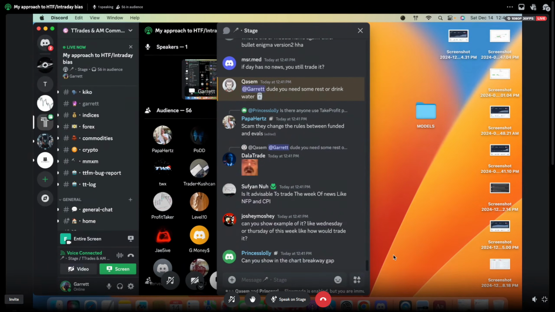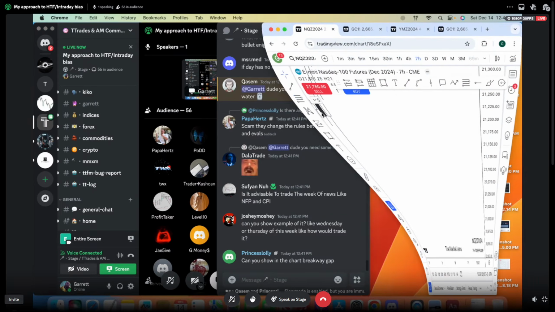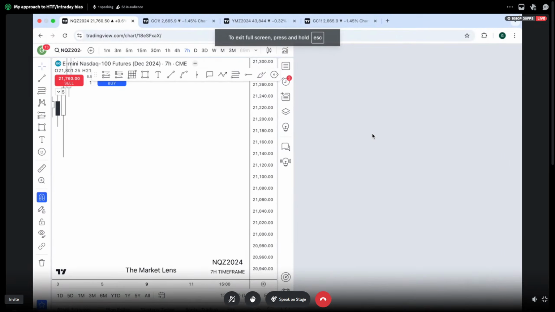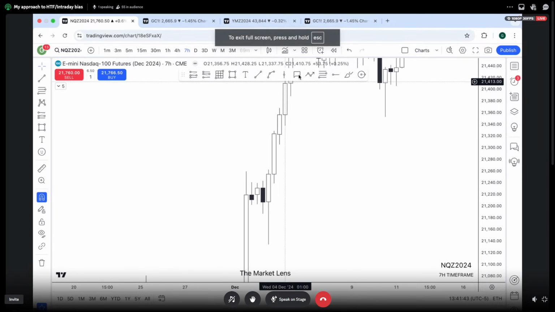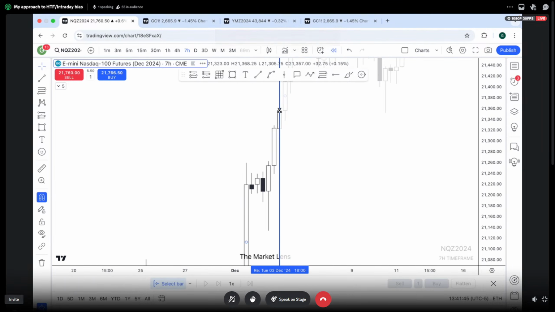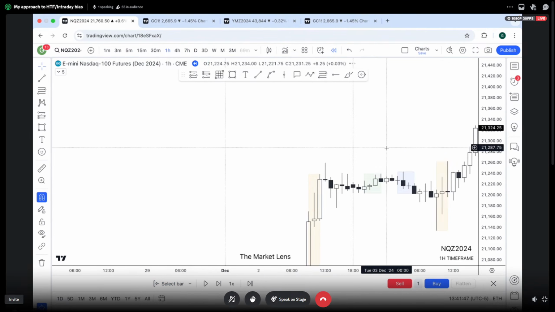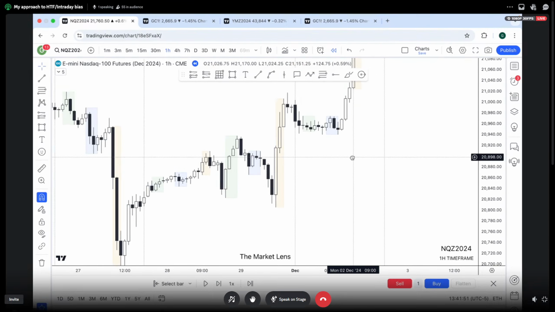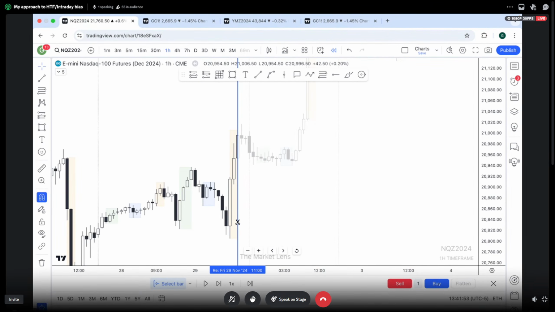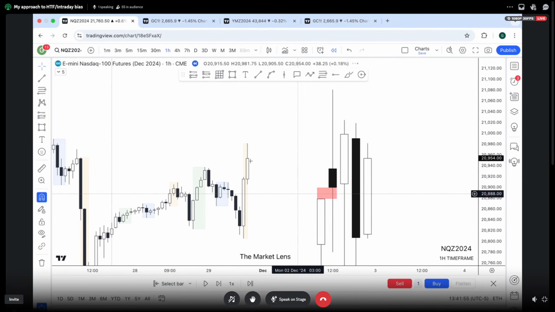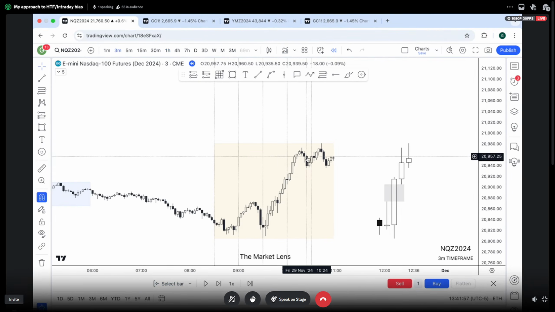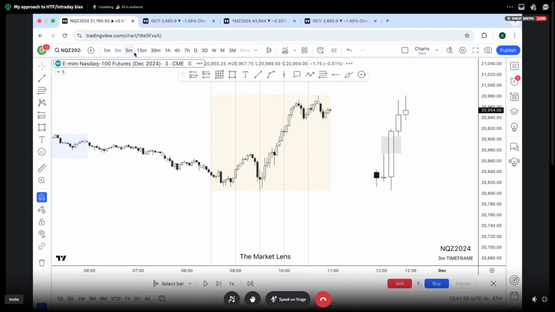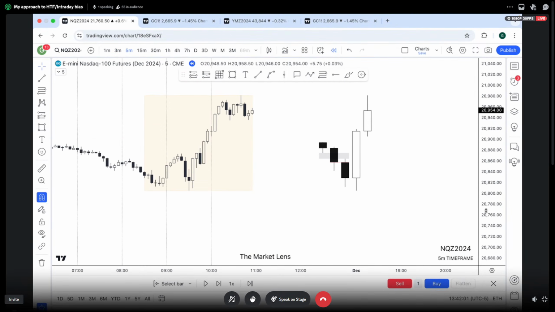Breakaway gap, yeah. All right, this is my last one. It's not the best, not the most necessary concept ever, dude. But okay, this is definitely not going to have a breakaway gap. We're going to see them a lot on lower time frames. On the five minute, this would be a breakaway gap essentially.